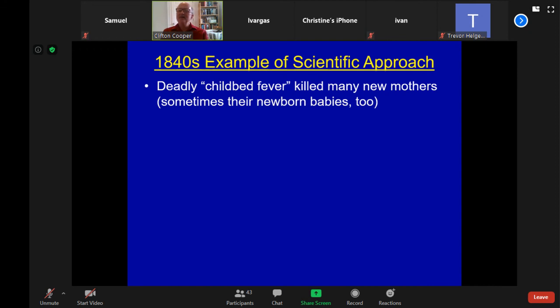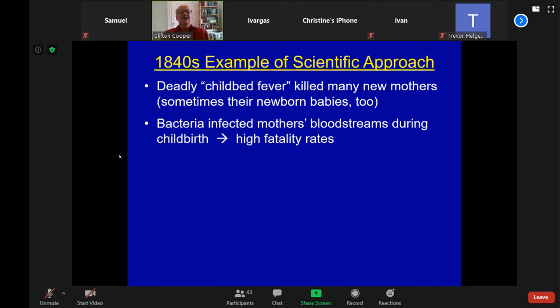They would come in healthy, and it would be a medical emergency because they're giving birth, but they're otherwise healthy. But they would end up getting sick with something when they were in the hospital and die. So they would come in, give birth, and die without ever leaving the hospital. It was known as childbed fever, and it killed a lot of the mothers, also sometimes killed the babies. So this was an ongoing, terrible problem that they had in hospitals at that time.